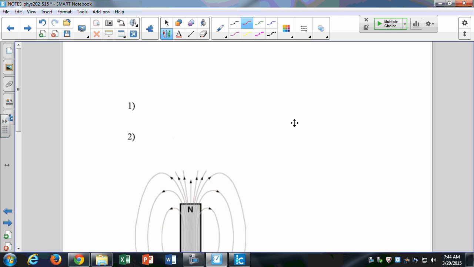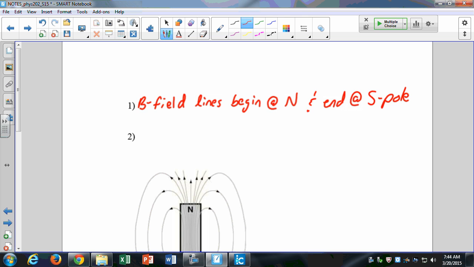The first rule is that the magnetic field lines begin at the North Pole and end at the South Pole. The other is that the density of the lines is proportional to the magnitude of the B field.